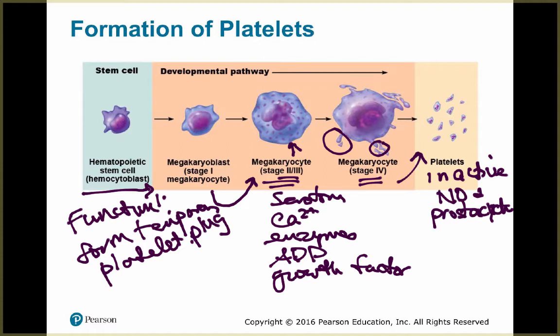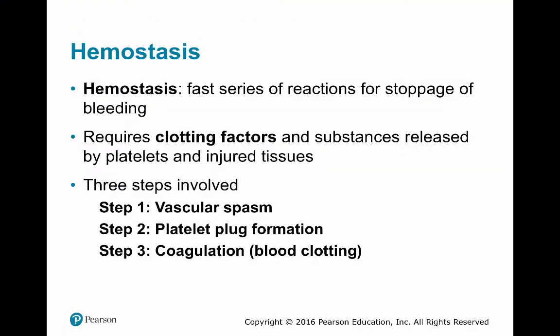Now let's talk about hemostasis, because hemostasis is the reaction that stops bleeding, and it utilizes platelets in that process. It requires clotting factors and substances released by platelets in injured tissues. There are 3 steps involved: step 1 is vascular spasm, step 2 is platelet plug formation, and the final step is coagulation, which is blood clotting.